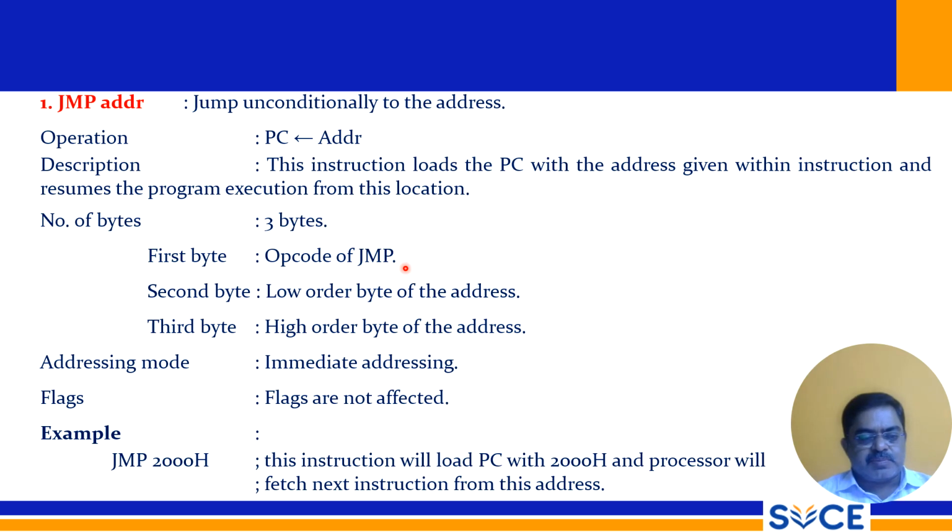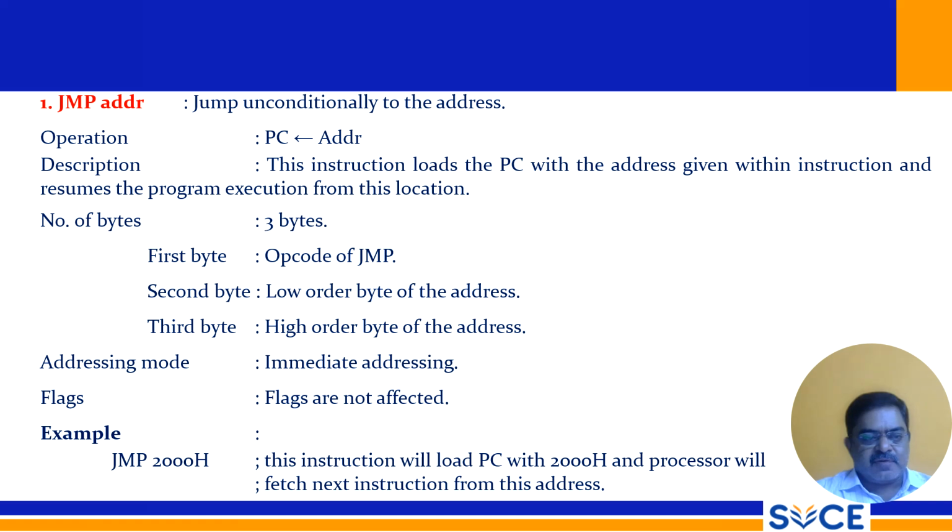The opcode is JMP, the second byte is the low order byte of the address, and the third byte is the high order byte of the address. It is immediate addressing mode, even though you don't find the letter I here. Flags are not affected.